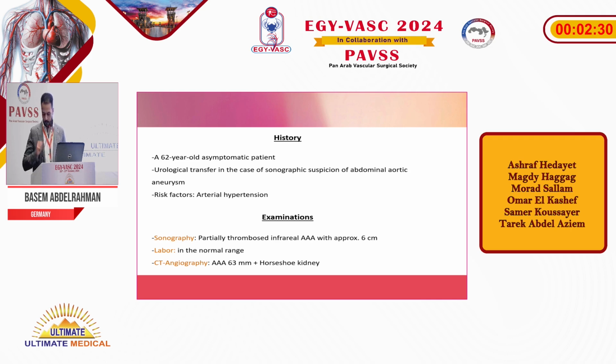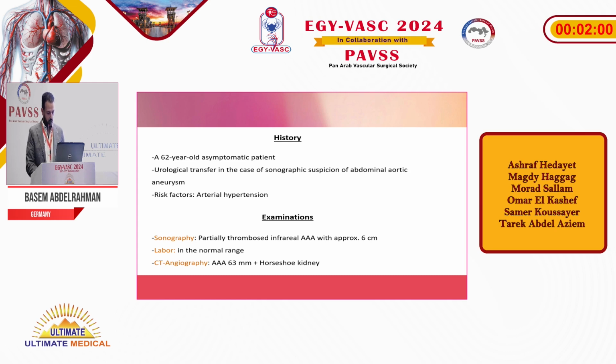We had a 62-year-old patient, completely asymptomatic, referred from the urological department, with hypertension as the only risk factor. Sonography showed a partially thrombosed infrarenal aortic aneurysm approximately 6 centimeters in diameter, and labs were in the normal range.